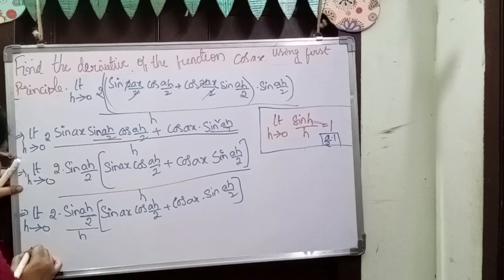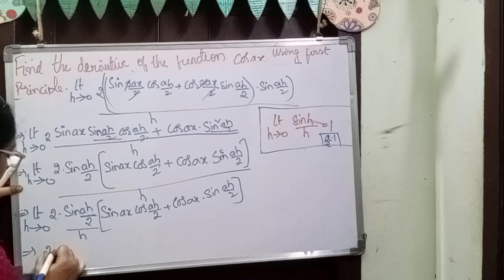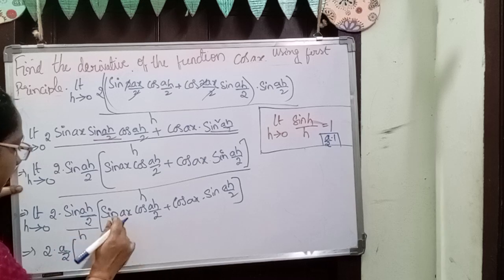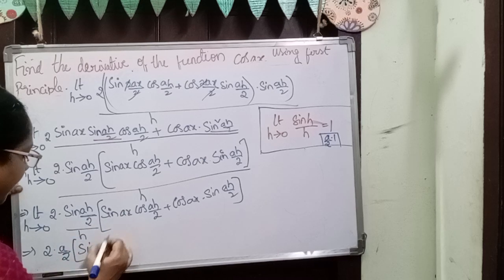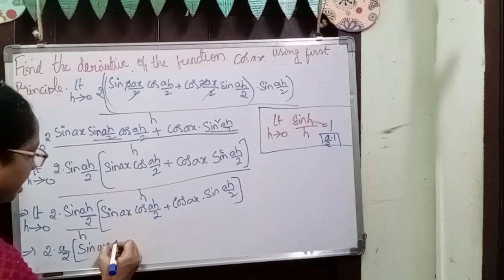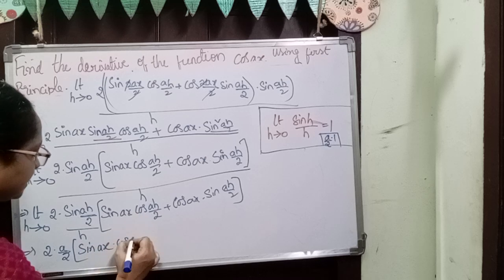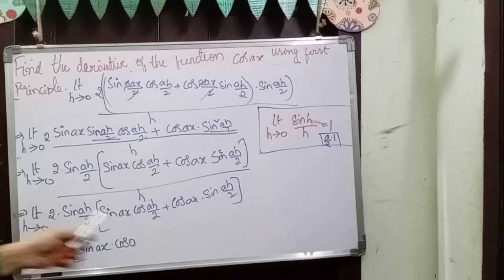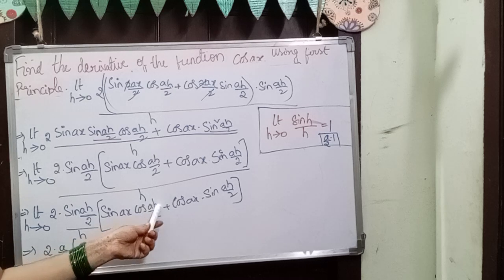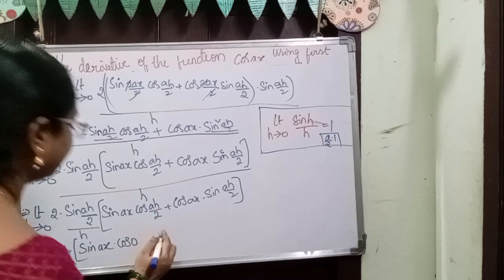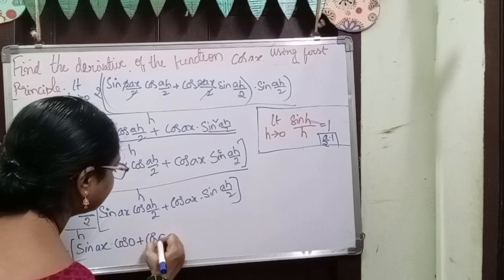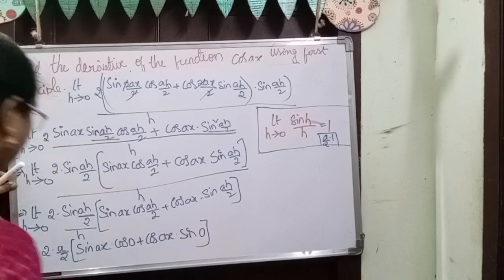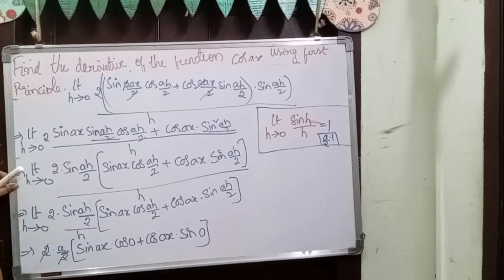Let us write it: 2 into a by 2 into sin ax, this becomes cos 0. In the place of h if you substitute 0, a into 0 is 0, 0 by 2 is 0. So cos 0 plus cos ax into sin 0. And here these two get cancelled.